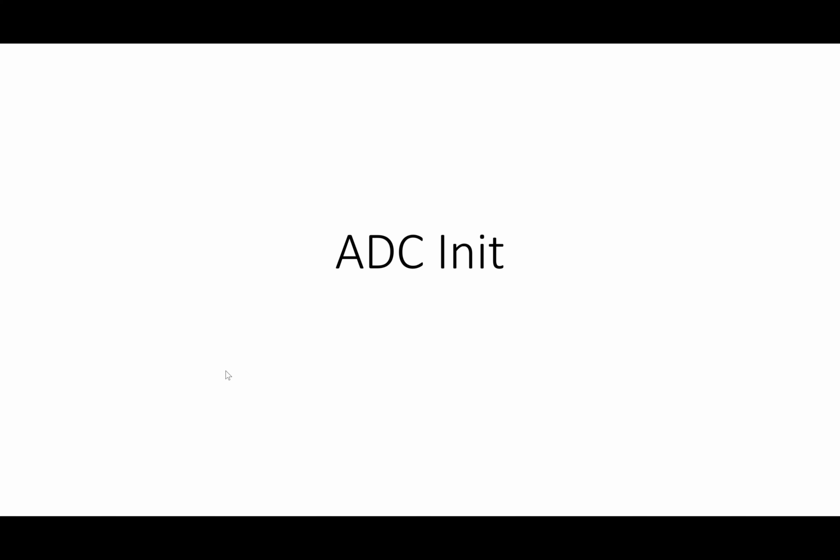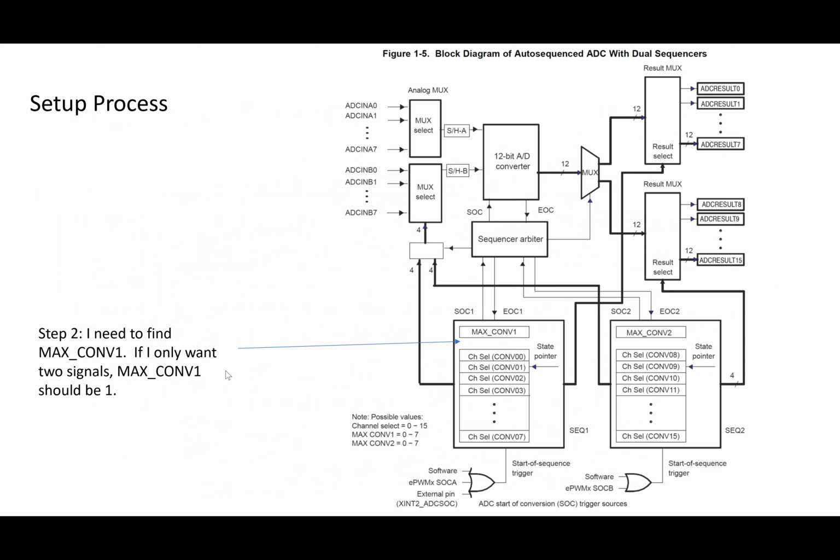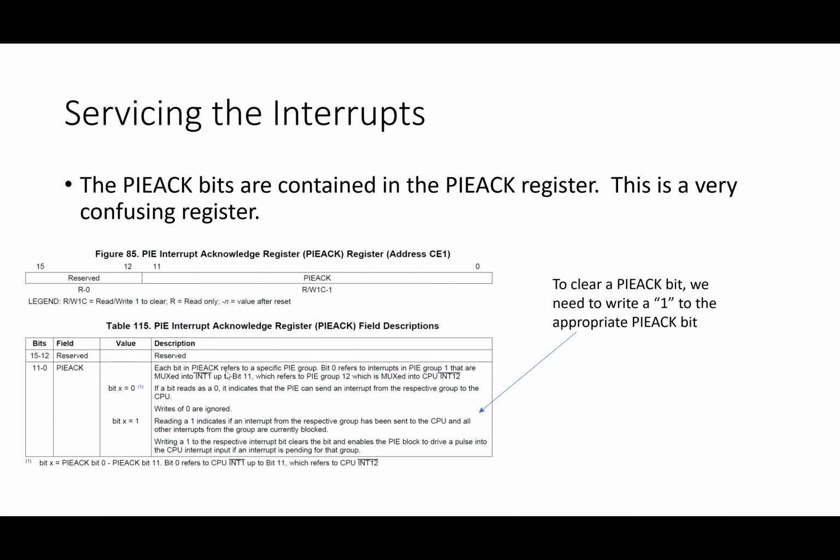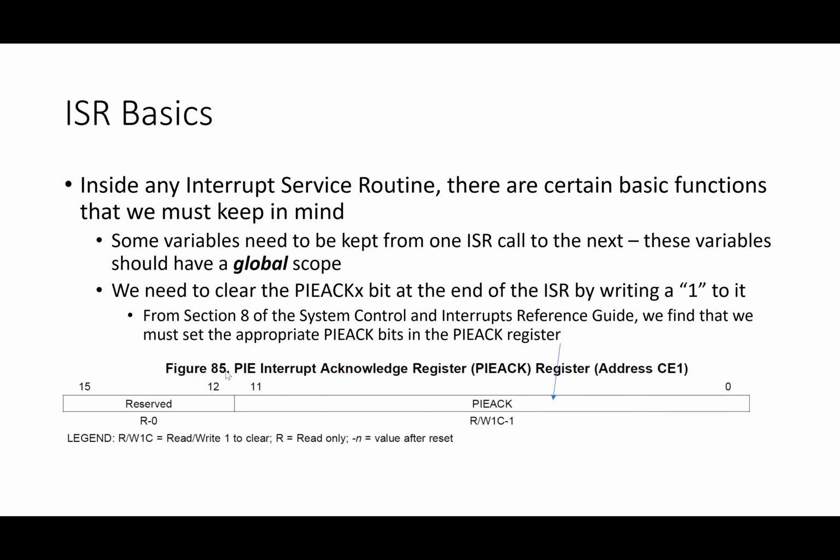ADC init, I describe similarly. I also talk a little bit in here about basic things that I need to do in the ISRs. There are some things about global scoping of my variables, or certain key variables.